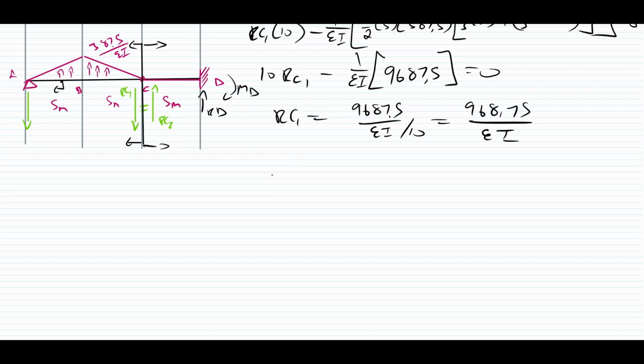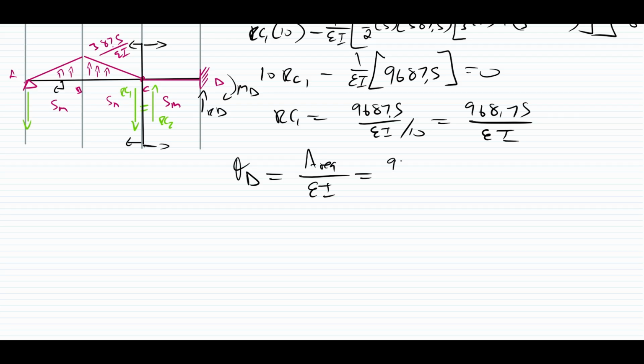Now let's find our slope at D. Our slope at D will be your area divided by EI, which in this case we only have our reaction. Our area is our force, which is our RC2.